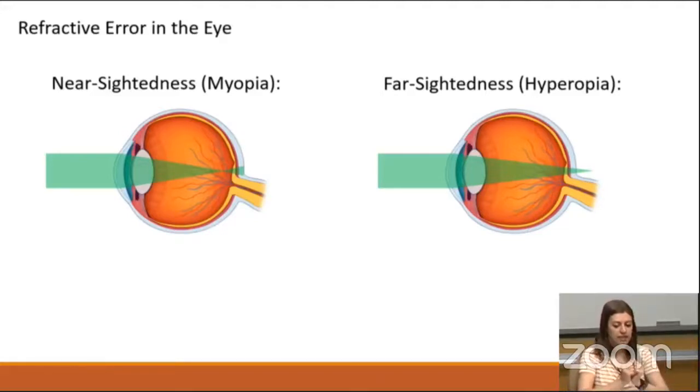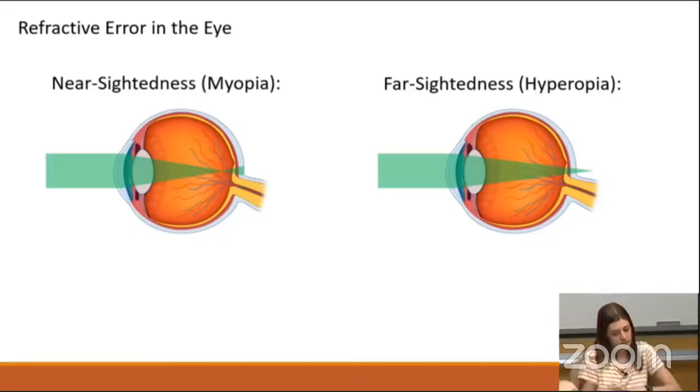So in myopia, you can see that the light is focusing a little bit before the retina, and the lens can't change its shape anymore. At that little tiny point where everything is converging, that's where you would be able to see everything really well, but your lens just can't change shape enough for you to see that.